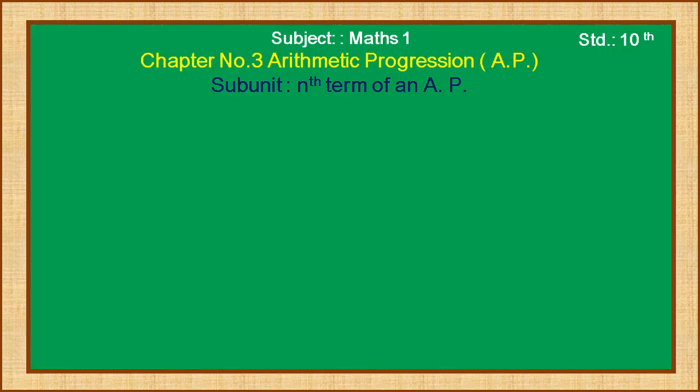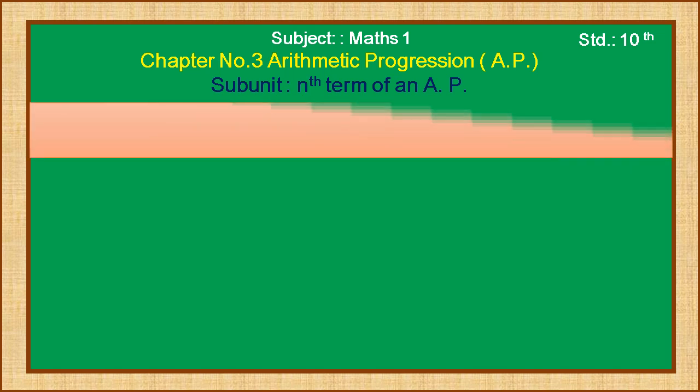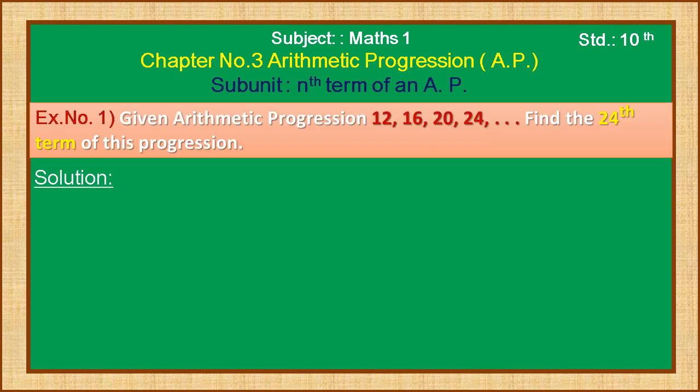Students, now let us solve some examples using the nth term of an AP. First example: given the arithmetic progression 12, 16, 20, 24 and so on, find the 24th term of this progression.